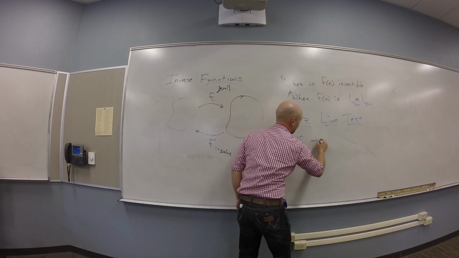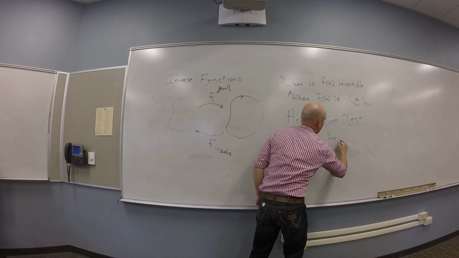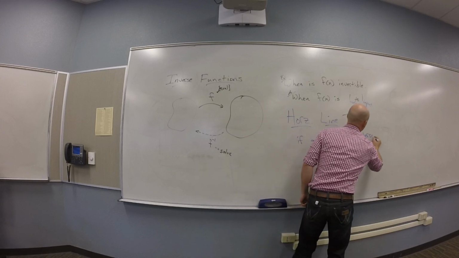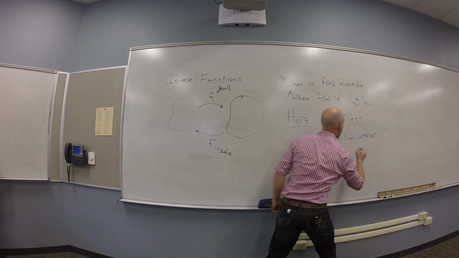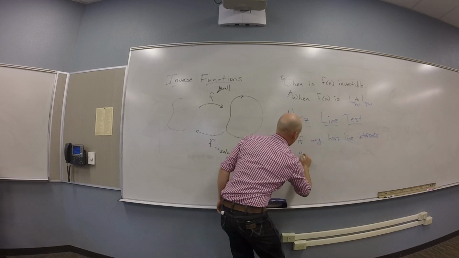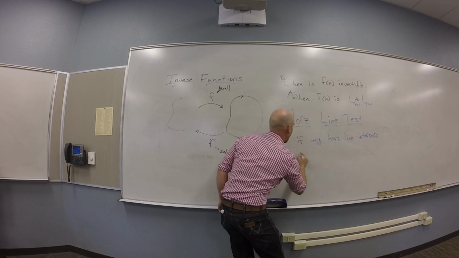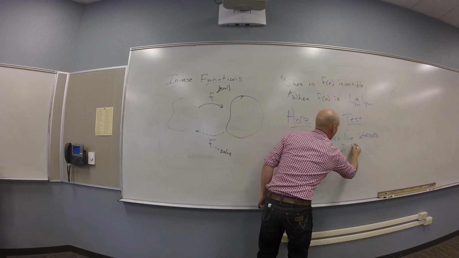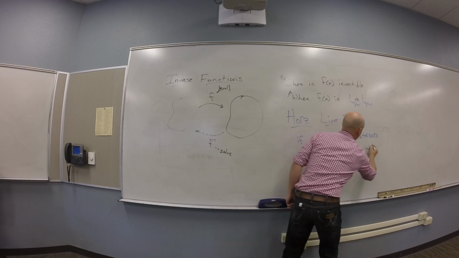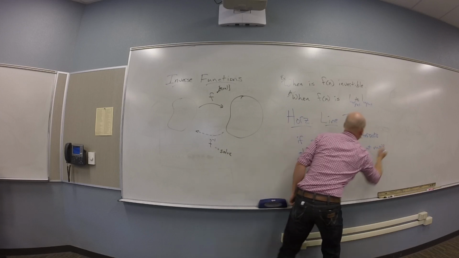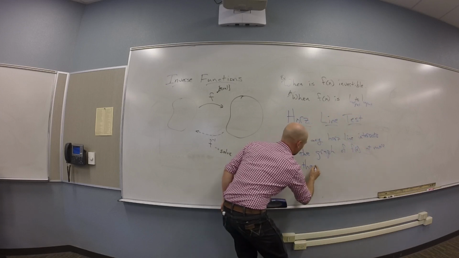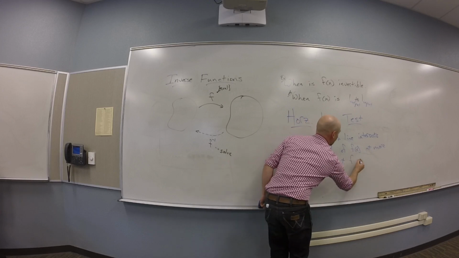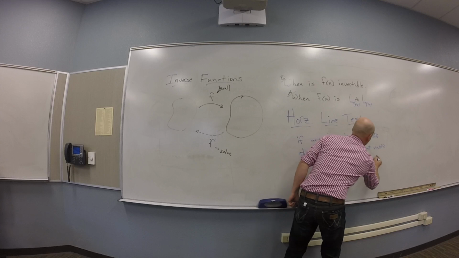If any horizontal line intersects the graph of f of x at more than one point, f is not invertible.